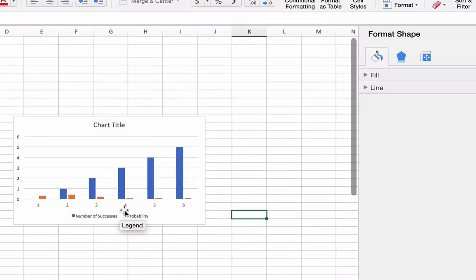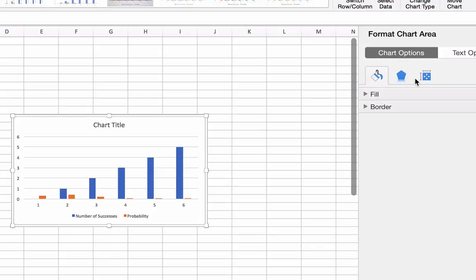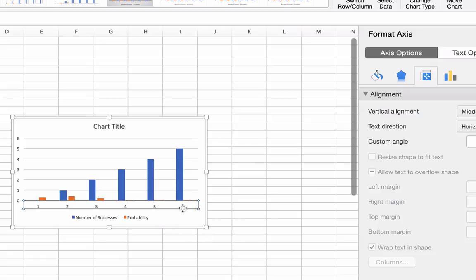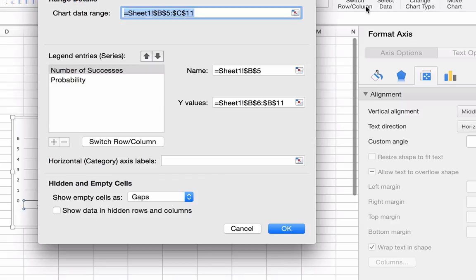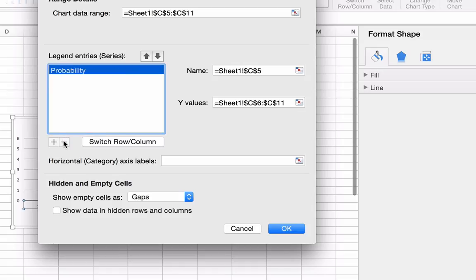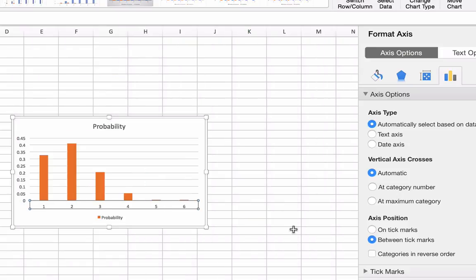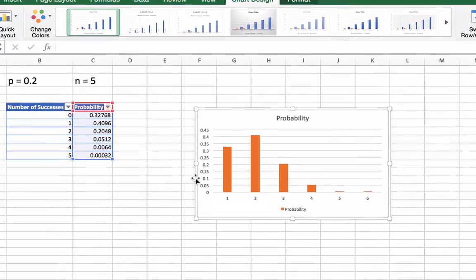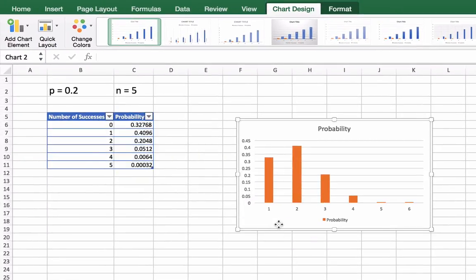So now if I'm going to insert a chart, you'll notice I'm going to have to format the axes here and select data. And what I want here as my y values is the probability. And that's a much better chart for this.